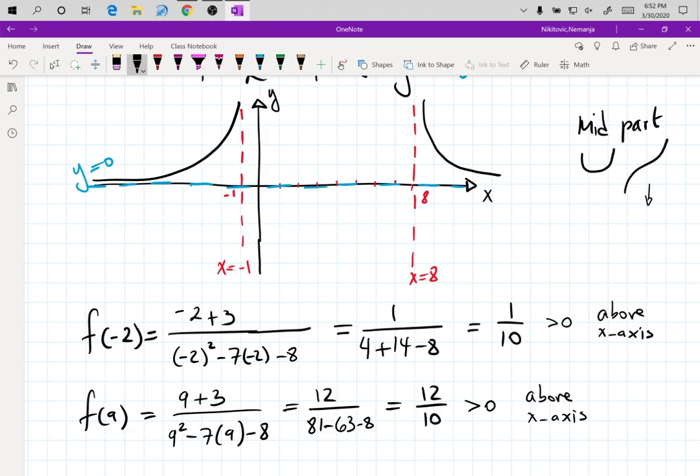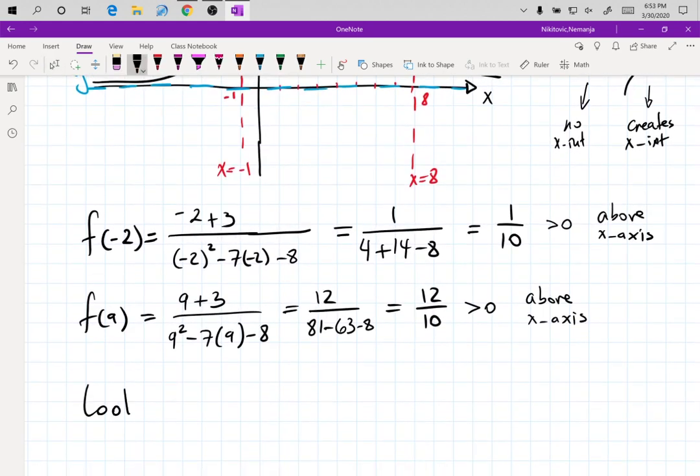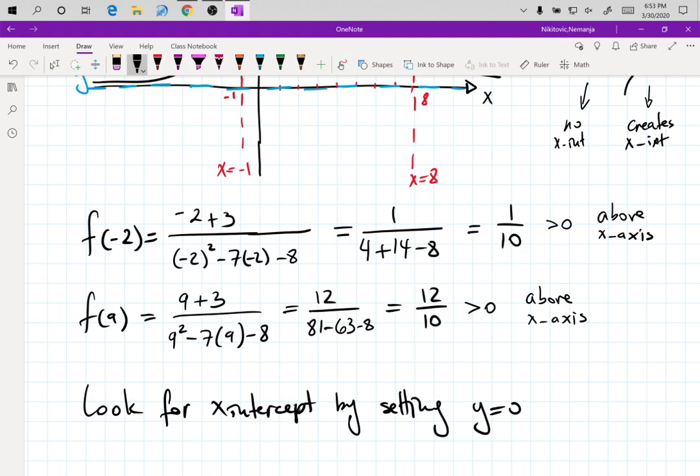This one creates an x-intercept, and this one has no x-intercept. So that's how we know what's what. So now we look for x-intercepts by setting y equal to 0.